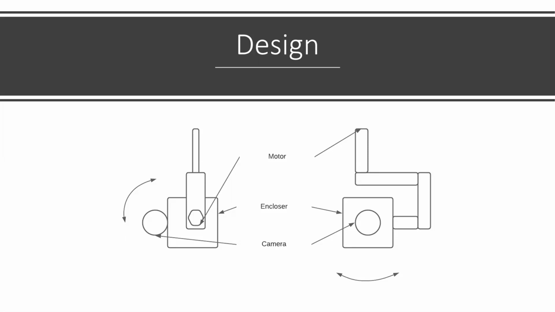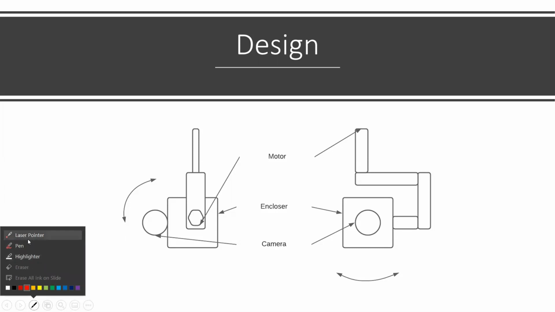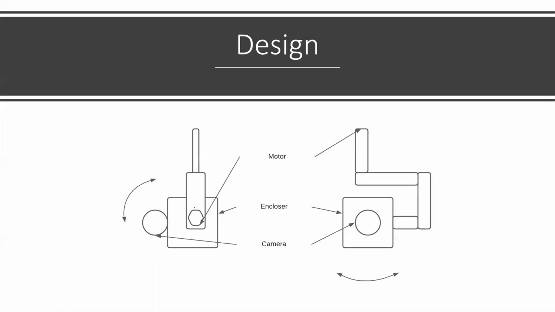Firstly, we'll have an enclosure which will take care of everything. The Raspberry Pi and the Argon will be inside the enclosure, and the camera module will be connected to it. And this enclosure will be connected via two motors. One of them will be in this position.